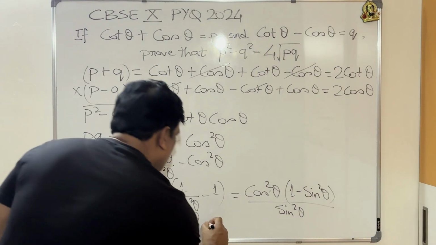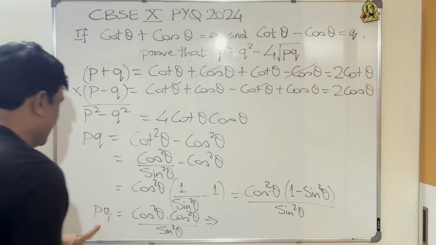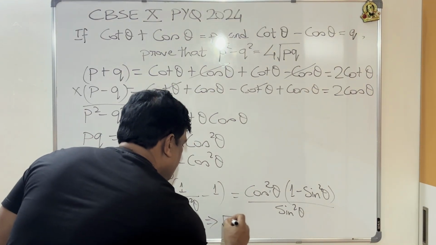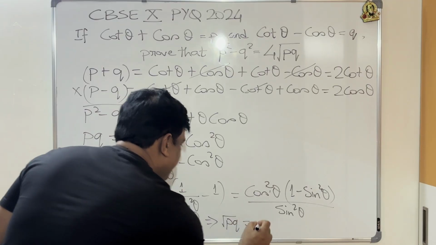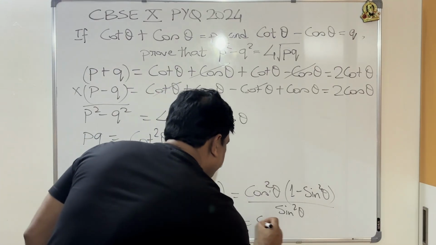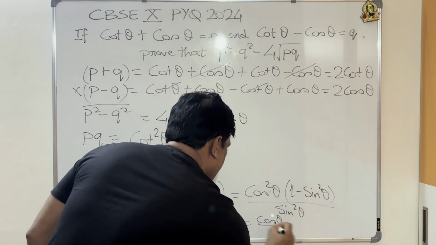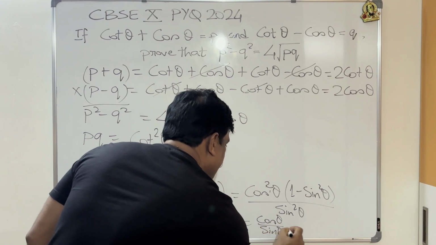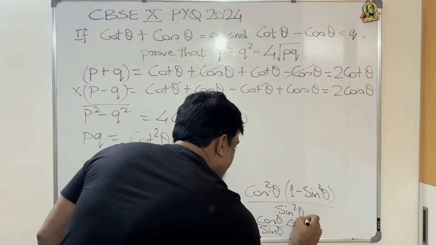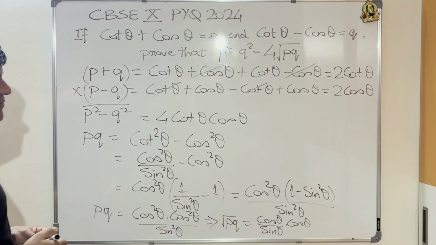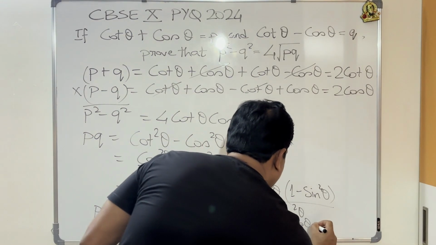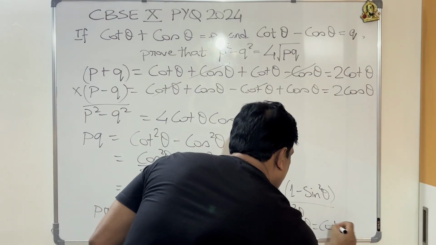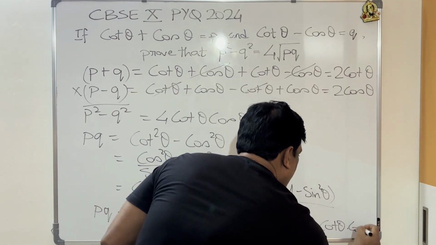When I do a root of PQ, how can I write this? This becomes cos theta by sin theta into cos theta. Look at it. Okay. What do you get? That is equal to nothing but cot theta times cos theta.